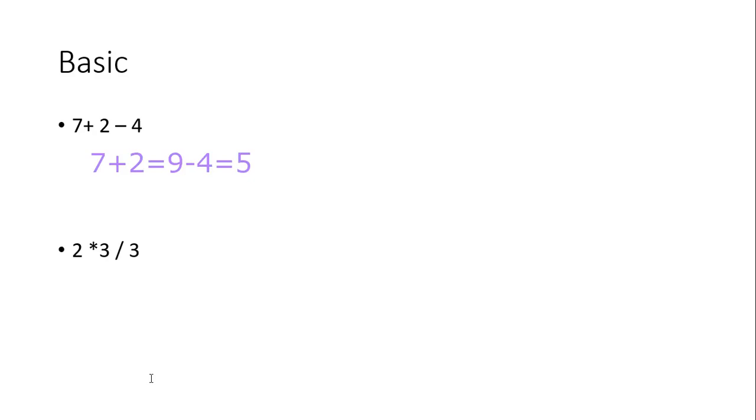Did you think that we had to add the 7 plus the 2 first? Like we had to do it like that? Or do you think we could have done the 2 minus 4 first? Do you think we could have done any of them first, or was there an order in which you had to follow?